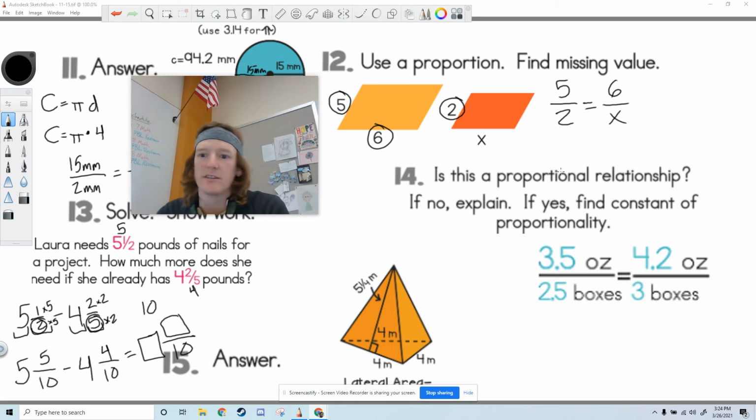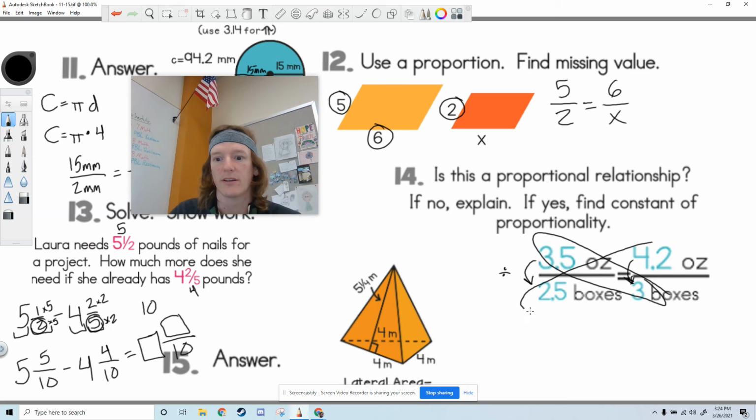Number 14, is this a proportional relationship? So what we need to think about is, are these equal fractions? A few ways we can do it. We can divide the top by the bottom. If we get the same number, then it's proportional. We could cross multiply. If we get the same number, then it's proportional.